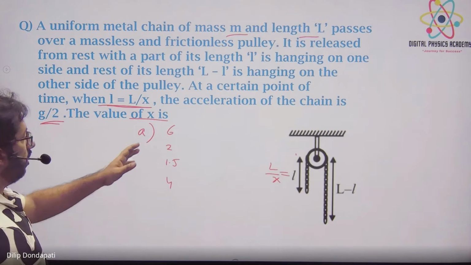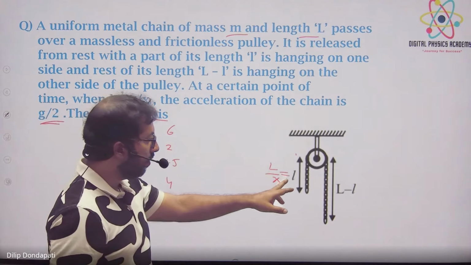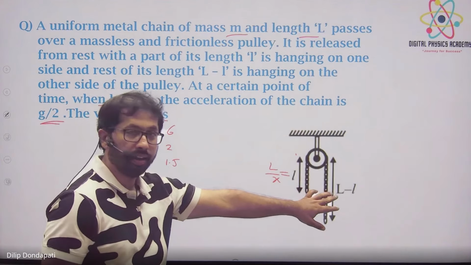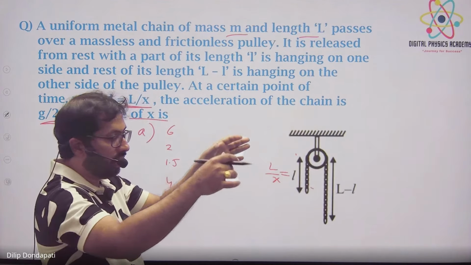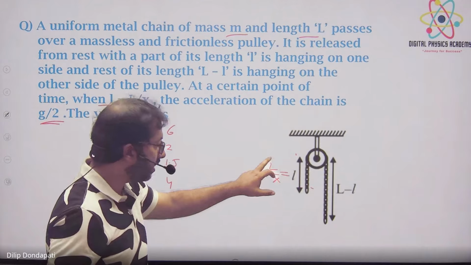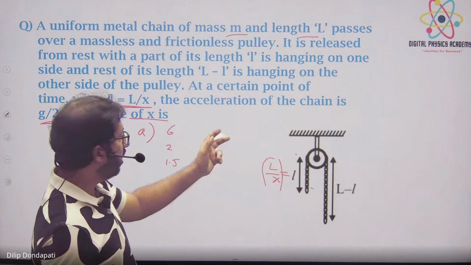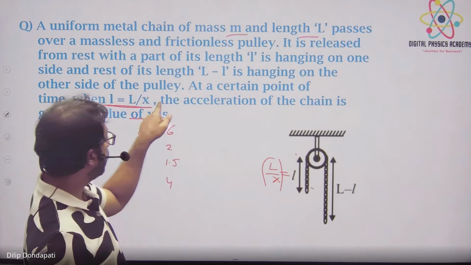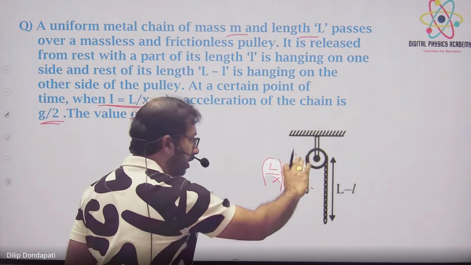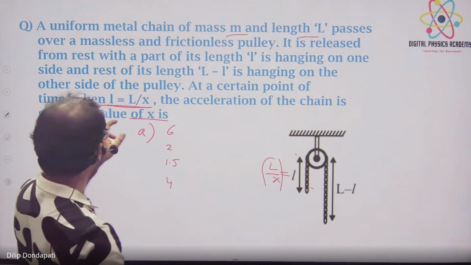Sir, can you explain what you mean by l is equal to capital L by x? See, ये total length is how much? Tell me. Capital L, right? When I released, it started falling. At this point, l value is L by x, and at that time the acceleration is also given. मतलब नीचे गिरने के समय, at this point, the acceleration is g by 2.